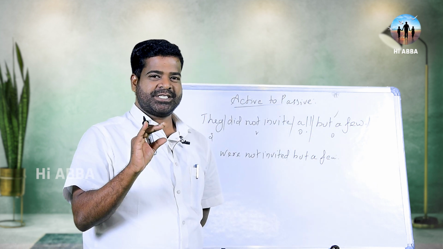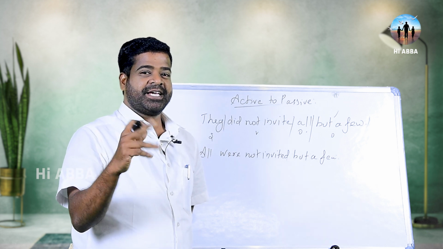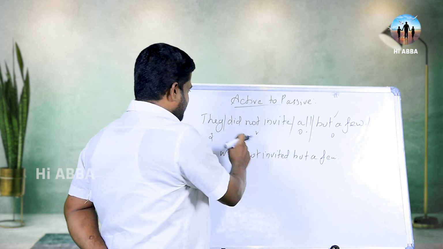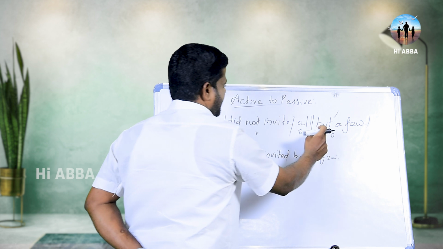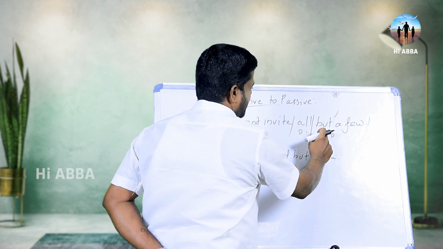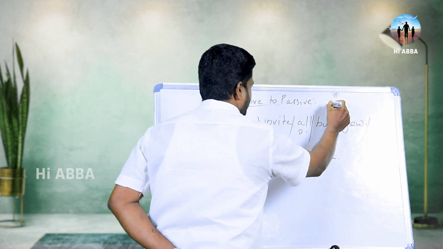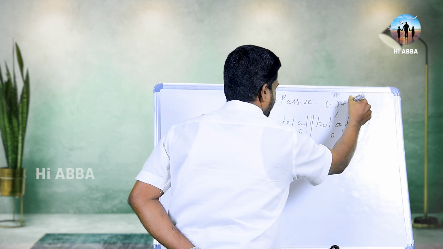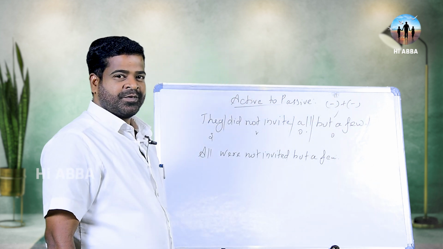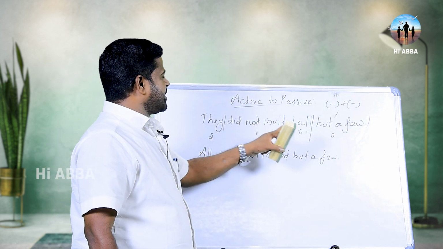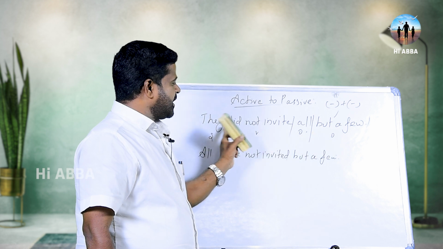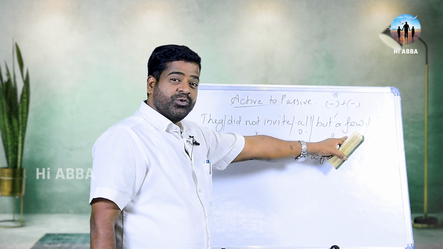If you say but at the end, it becomes negative. Now this being a negative sentence, if you apply but, it becomes another negative. So negative plus negative becomes a positive, which means they did not invite all, but they invited a few.